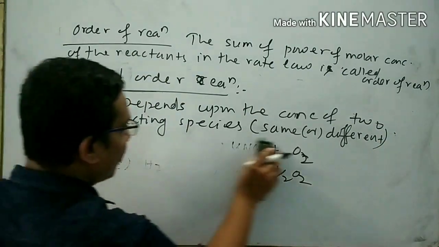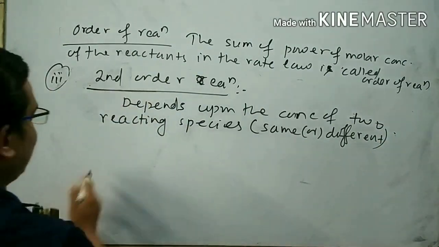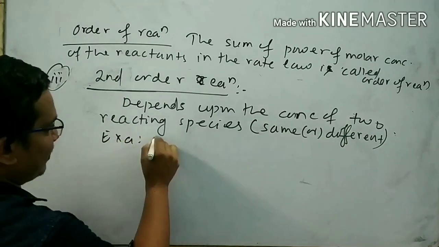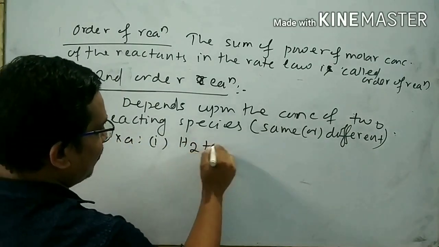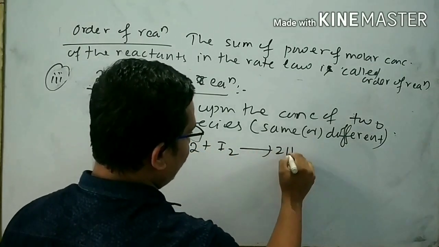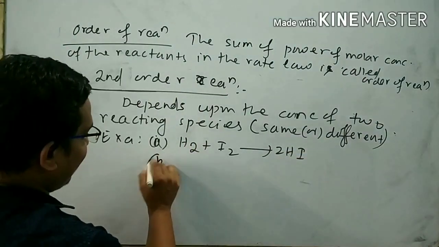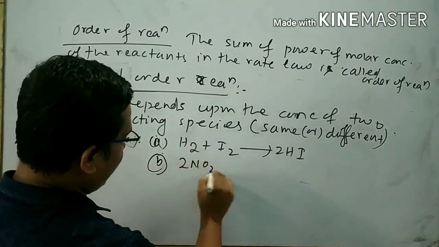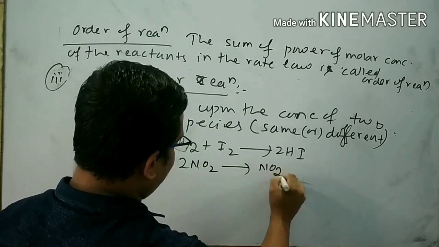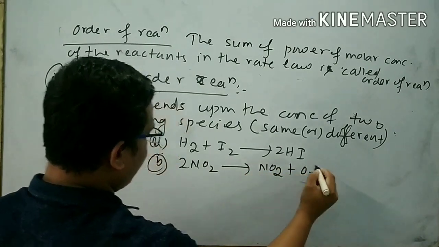The first example of second order reaction is H2 plus I2 gives 2HI. The second example is 2NO2 gives NO2 plus O2.